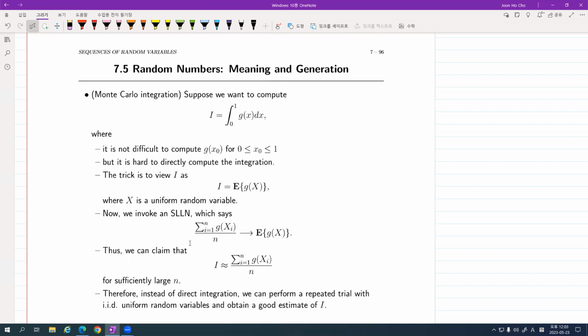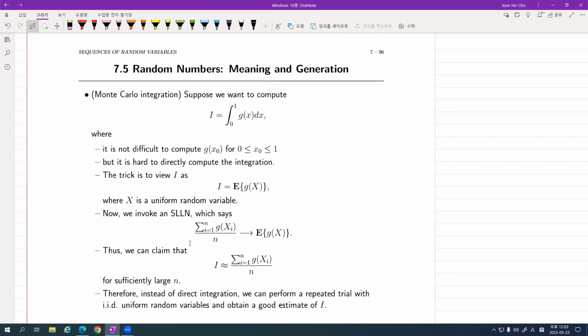This integration is, for simplicity, limited to the finite interval 0, 1, and you have a function g, and the integration variable is x. What do you do if you are asked to find the value of I?